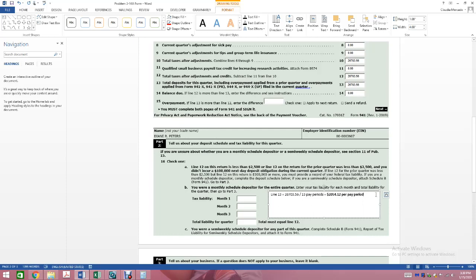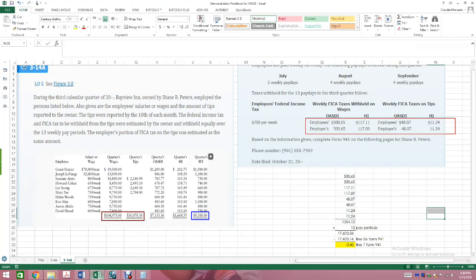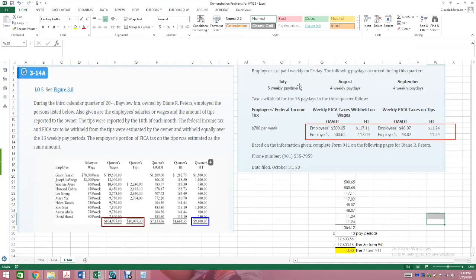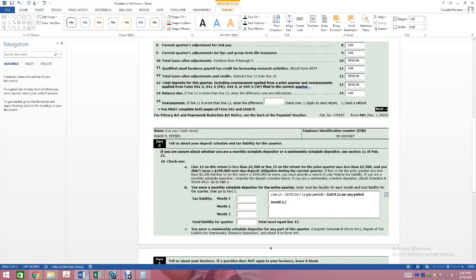For month 1, how many pay periods do we have in month 1? Well, let's go back to the problem and see. In July, we had 5 paydays. So I'm going to do 5 paydays times $2,054.12.